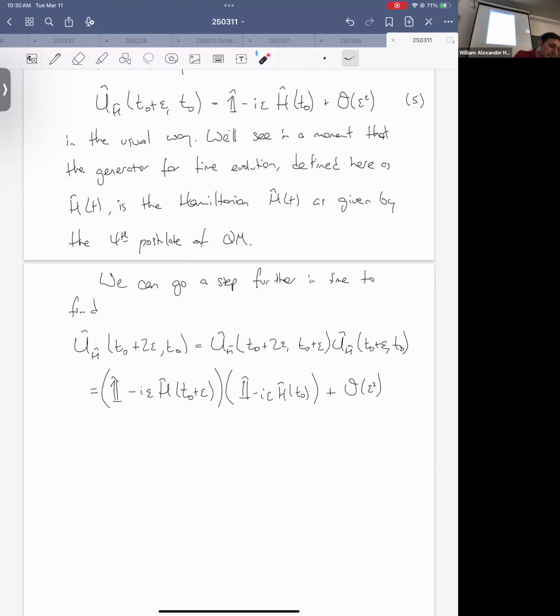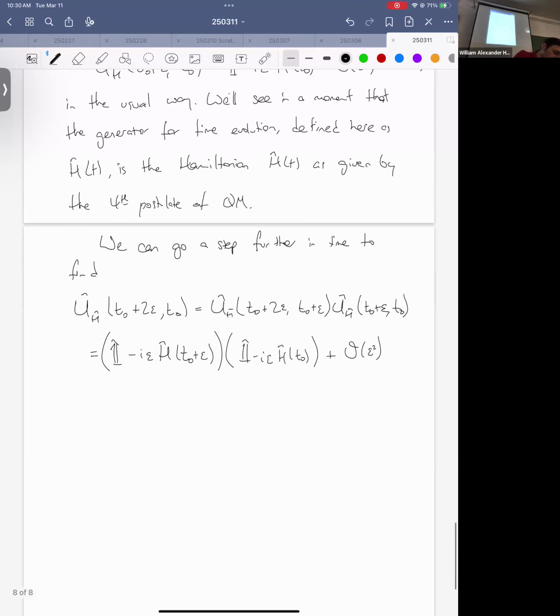Good. So I can continue this process up to a finite time translation from t0 up to t.